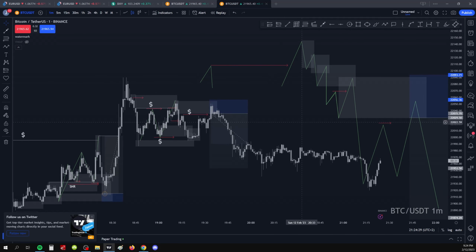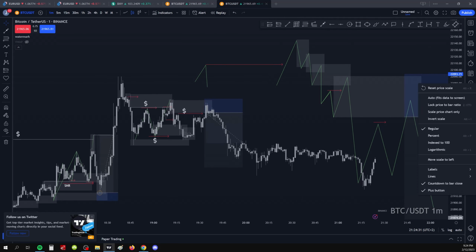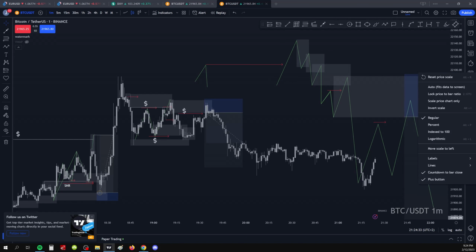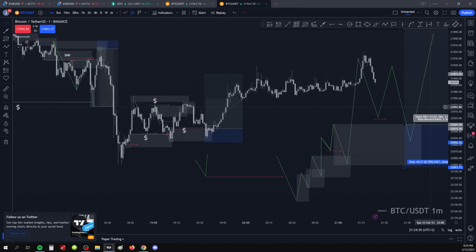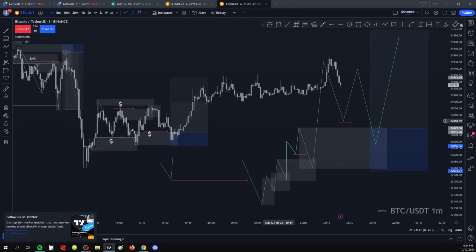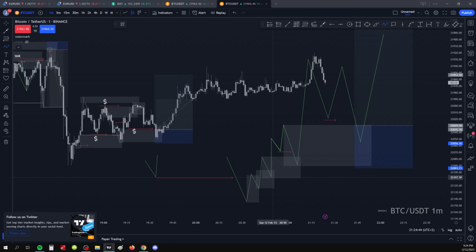And there's a trick here in TradingView. You can just right click here and invert the scale. So now you can practice the same move, as you can see, rule of thirds, high, high, high. This is the inducement, and we long from here.